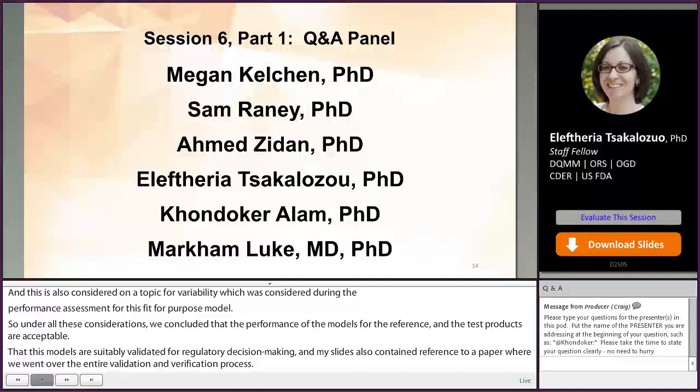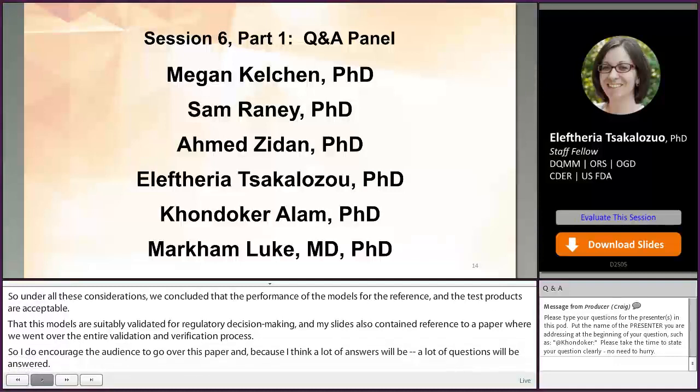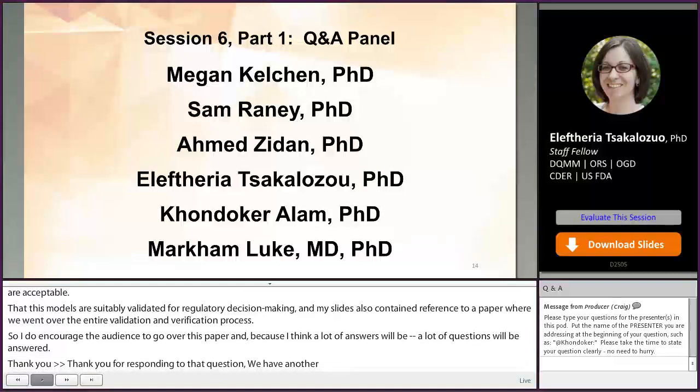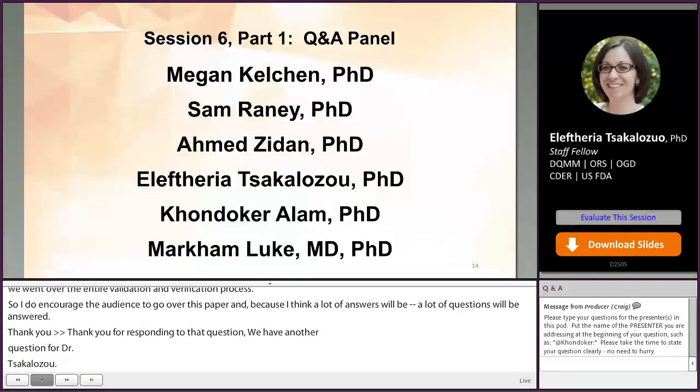Thank you for responding to that question. We have another question for Dr. Tsakalozou, and here's the question referencing again slide 8. There is no apparent TR difference in synovial fluid versus plasma exposure. I presume that this is due to the fact that the PBPK model assumes that synovial fluid and systemic concentrations are related to one another, an assumption you do not want to make in the introduction.